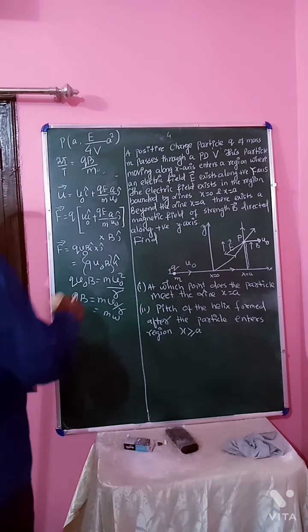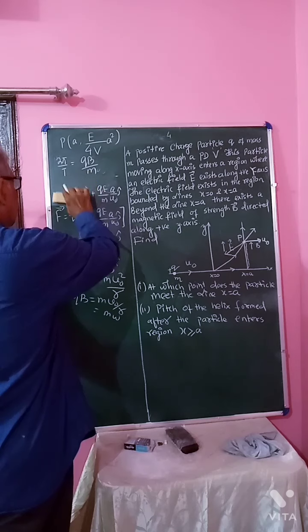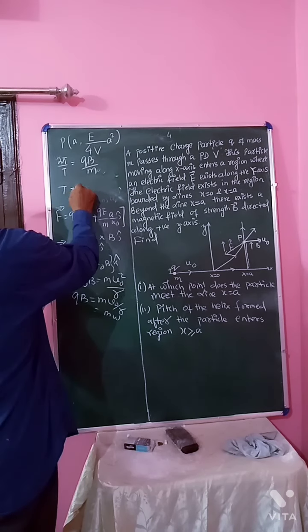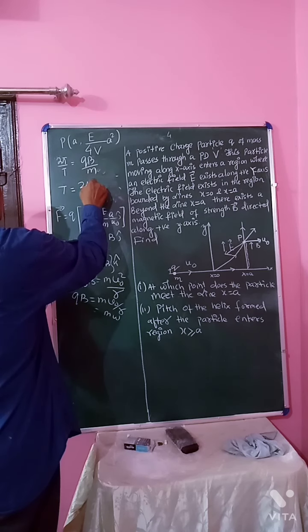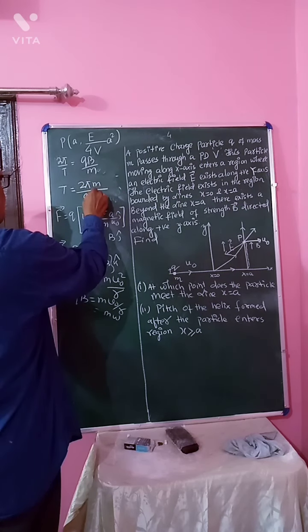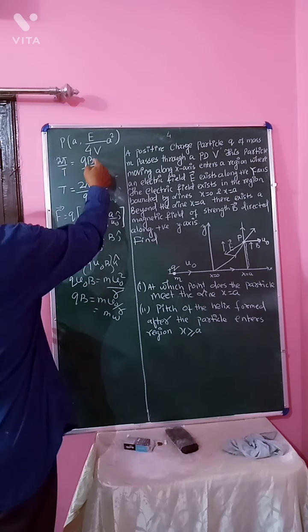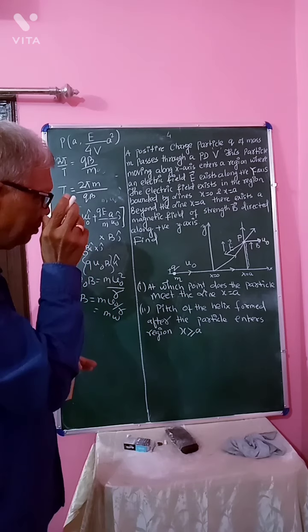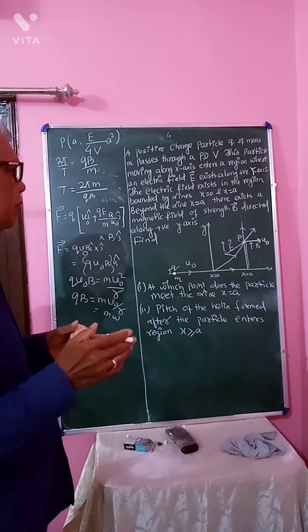Now what happens? This time period T is equal to 2 pi m by qB. Time period T equal to 2 pi m by qB. Now once you know the time period, we can find out the pitch.